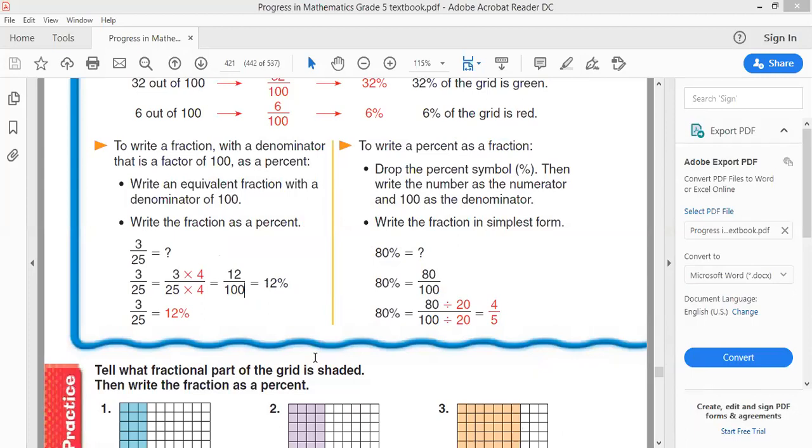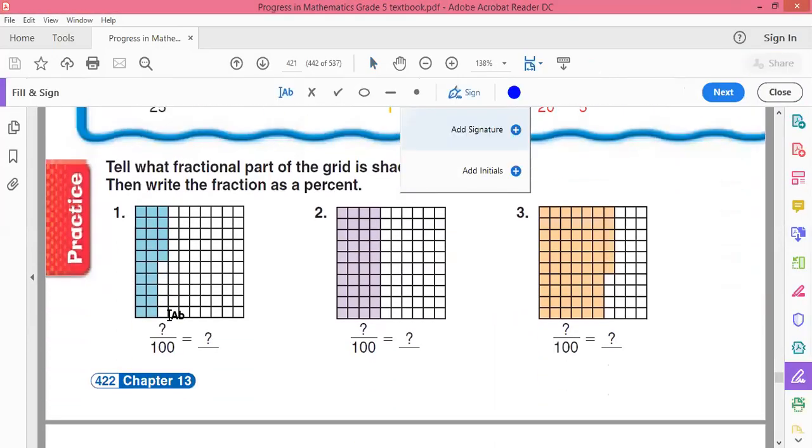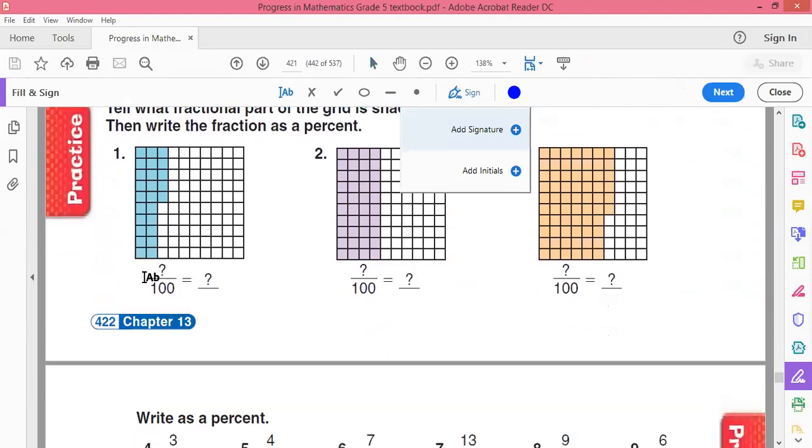First one, Moaz. Tell what fractional part of the grid is shaded, then write the fraction as a percent. How many boxes are shaded there? 25.